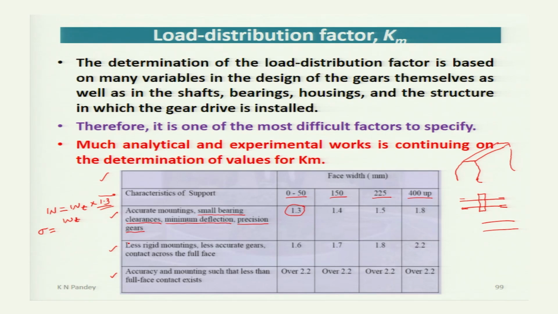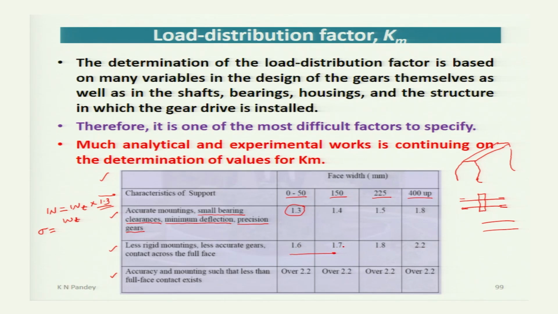Now the next is less rigid mounting. The mounting is less rigid, and so there may be a chance of misalignment, less accurate gears, contact across the full face. Then the values are 1.6, 1.7, 1.8, 2.2. You see, when you are moving in this direction with the increase in face width, the amount by which your WT will be increased is increasing.